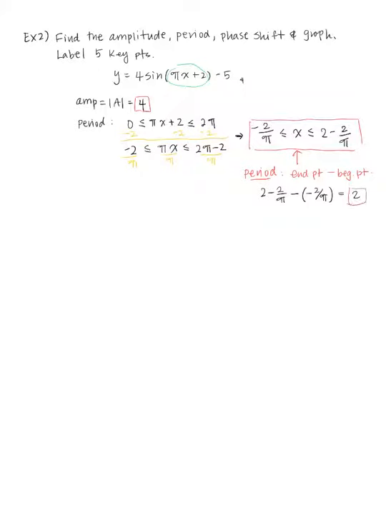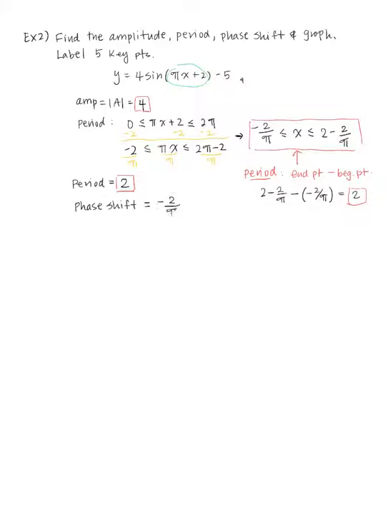Okay. All right. And then, also let me just write it out. So period is going to be just 2. All right. Now the phase shift is always going to be the starting point of your graph. So in this case, phase shift, the starting of the graph, is what?